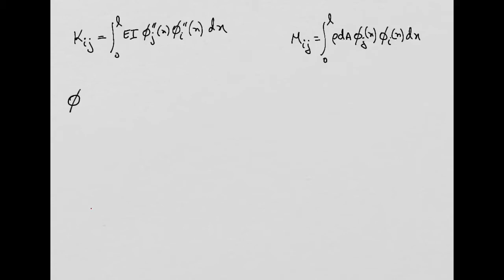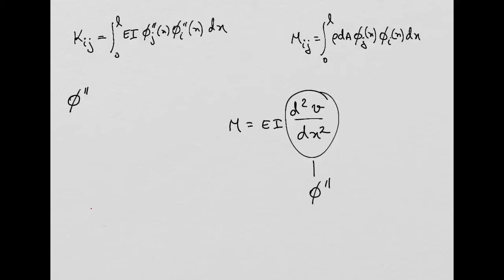The second derivative, don't forget, is related with the moment in the beam. Remember, the moment is equal to EI times the second derivative of deflection with respect to x. So this second derivative is related with our phi, the second derivative of the shape functions, right?